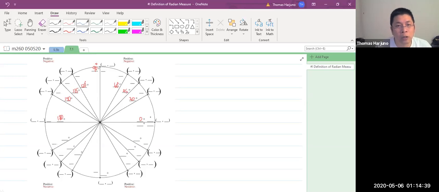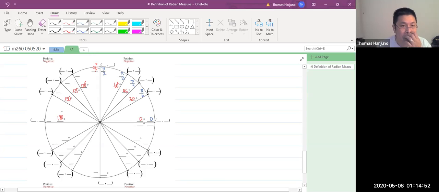Let me use blue color. This is 0 radian, pi over 6, pi over 4, pi over 3, pi over 2. This is pi radian. Okay, now how about these here? What will they be in radian?